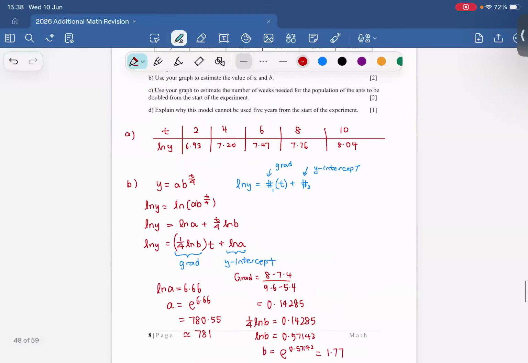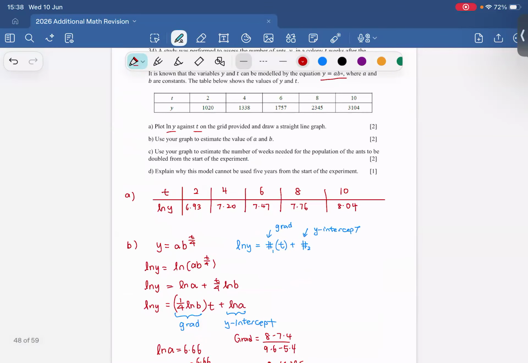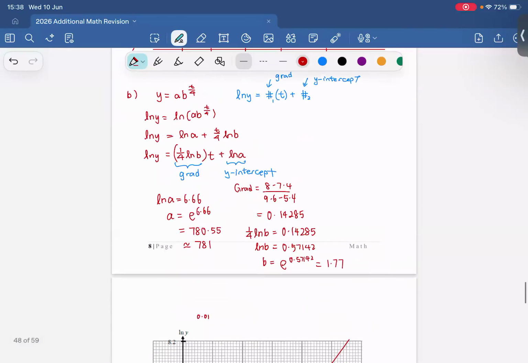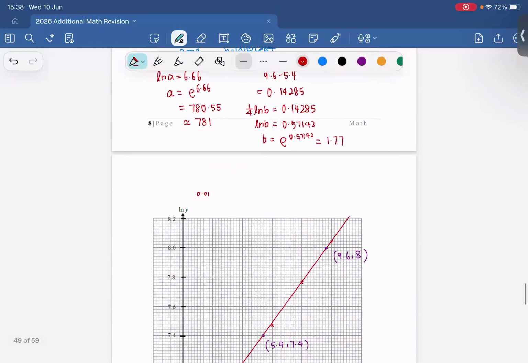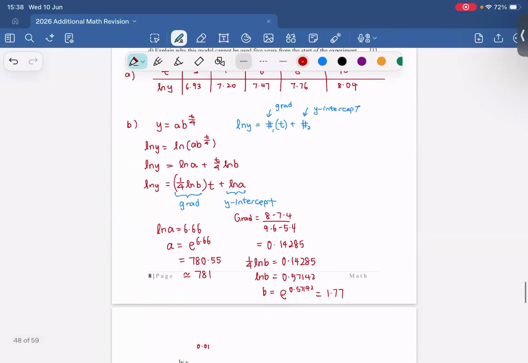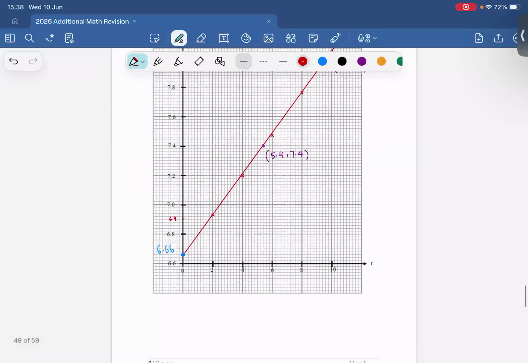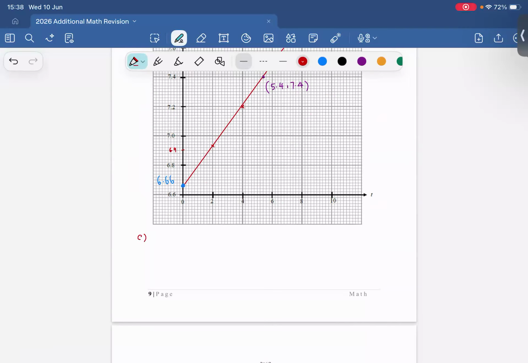Okay, part C. Use your graph to estimate the number of weeks needed for the ants to double. So how do we do this part? We find the initial number of ants first.